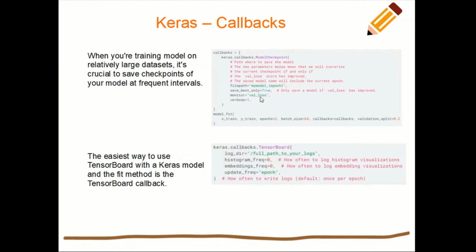The same thing here: we create a callback and just use that callback during the model.fit. The TensorBoard callback we had already discussed earlier, so I'm not going to discuss it again. This callback is used to collect the data to be visualized in TensorBoard.